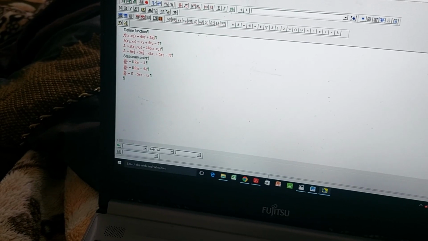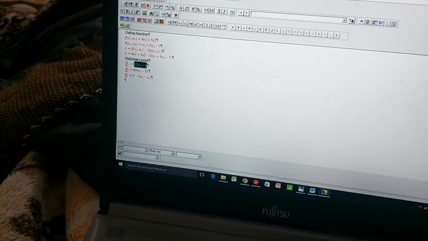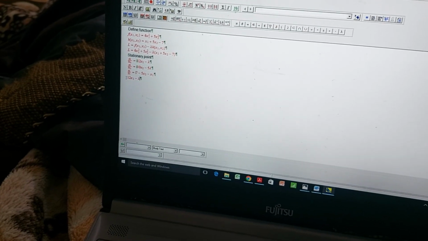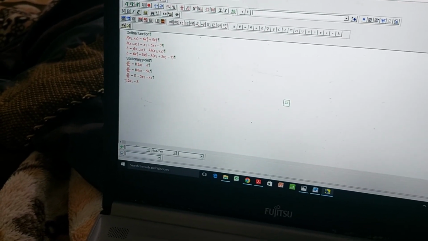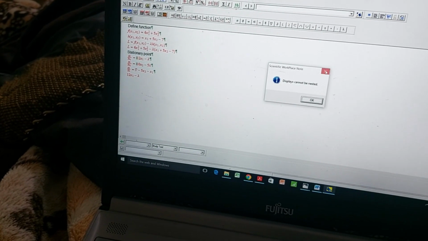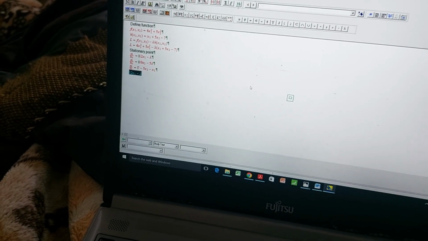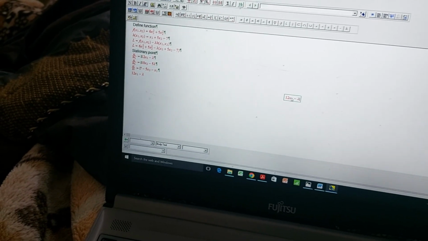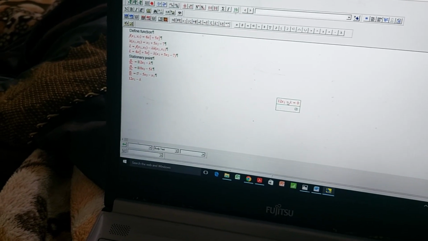Now introducing the first equation, Control C, Control V and Control D. Let's put it over here, equal to 0, and press enter.